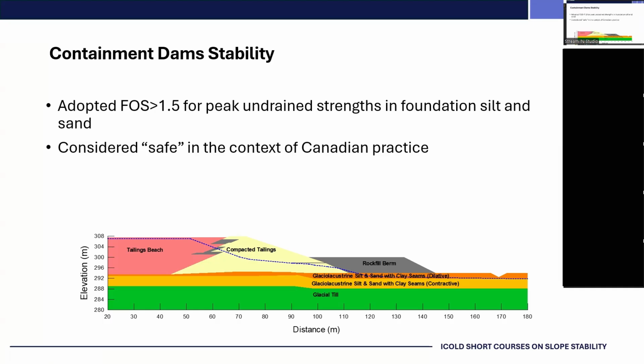It's an extension to what ICOLD is defining as safe. And fundamentally, if you can meet the loading criteria associated with the classification for the dam, then the dam can be considered safe. So even though this dam might fail in an event greater than the 1,000-year seismic event, the dam is considered safe. And that's a very important point.